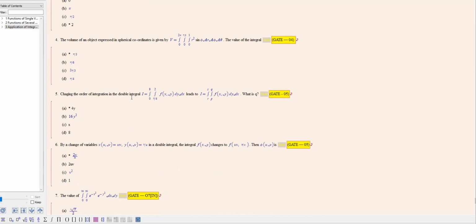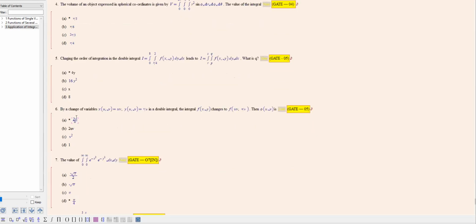Then change the order of the integration again. So change of order. Next, change of variables in double integral. x is uv and y is u upon v, v upon u. Okay.